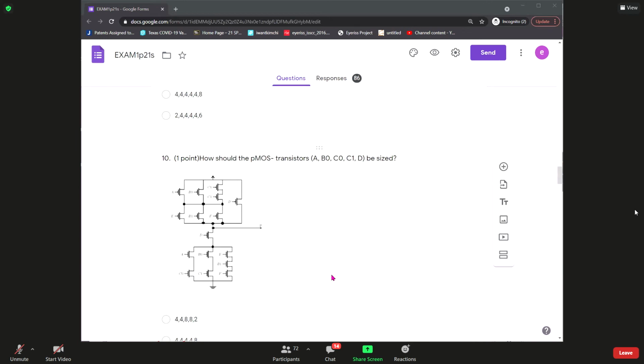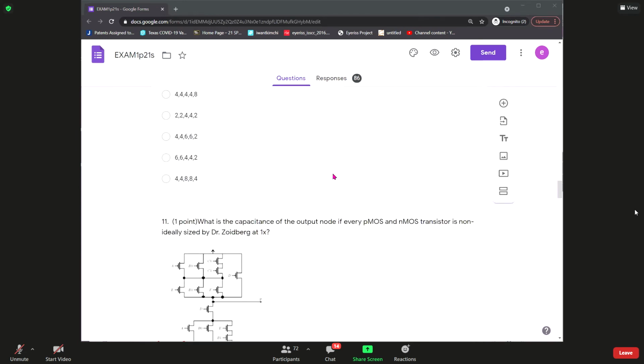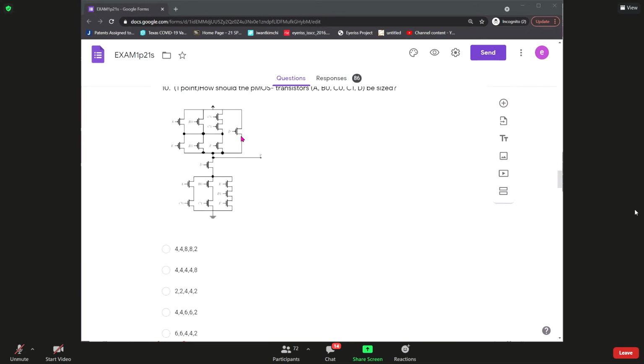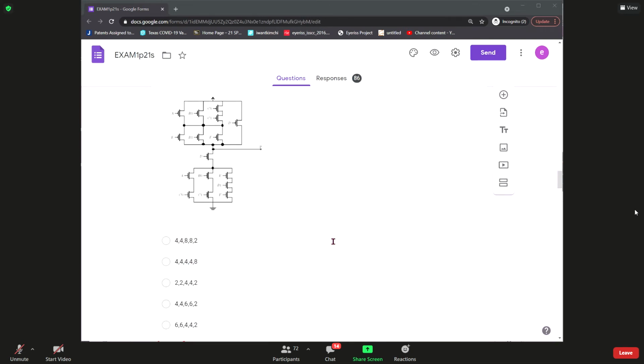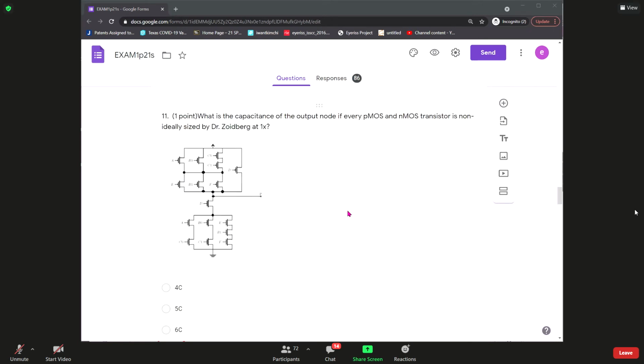All right, and then you do the similar for PMOS, except you have to make sure you size each one of these twice as wide for an ideal circuit compared to the NMOS. Professor, is it wrong to assume that PMOS will always just be double the NMOS? That is correct, actually.